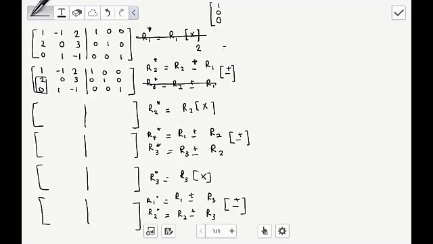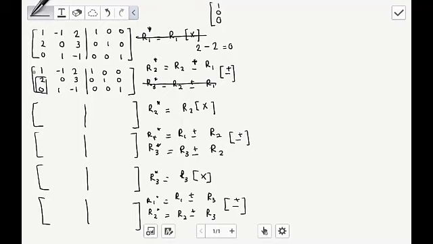I need to change this to 0 by either adding or subtracting. What's your idea, students? Can we add something? Obviously not, because if you add something, your number is going to get bigger. Obviously, you have to minus 2 so that you get 0. We can only minus with a row.